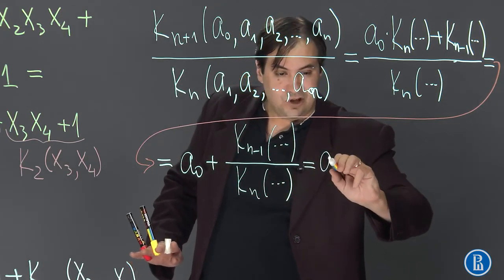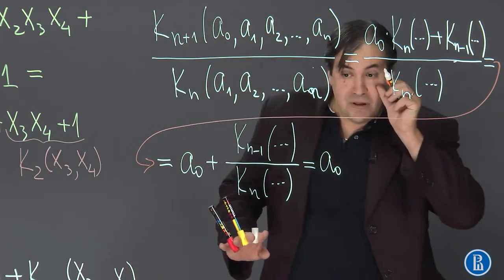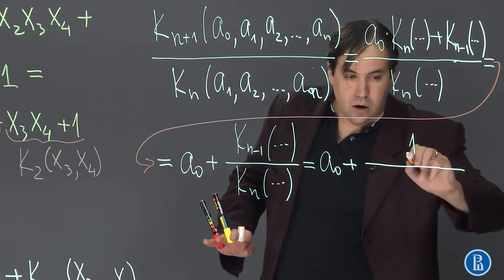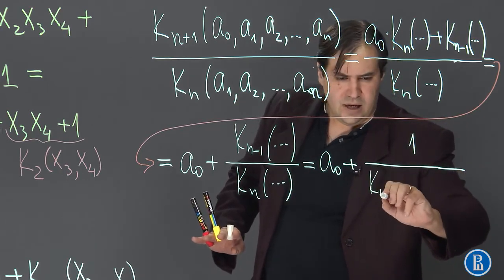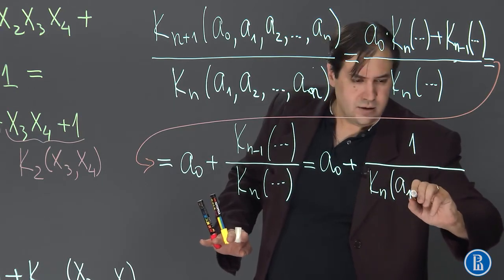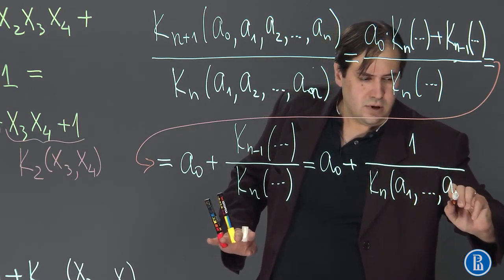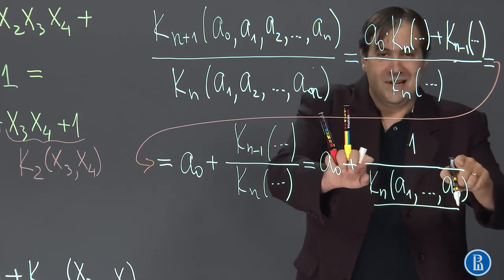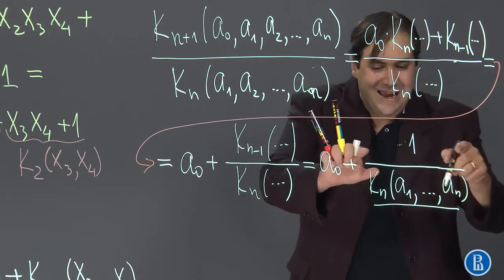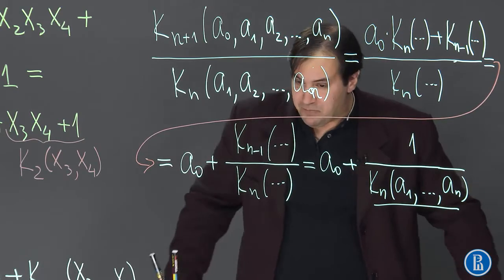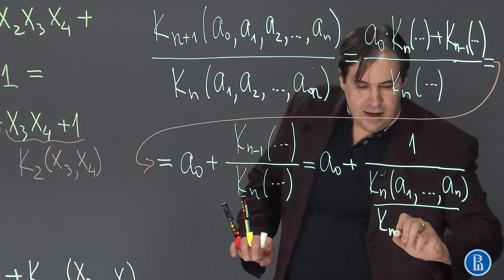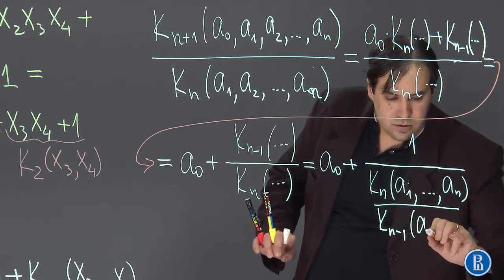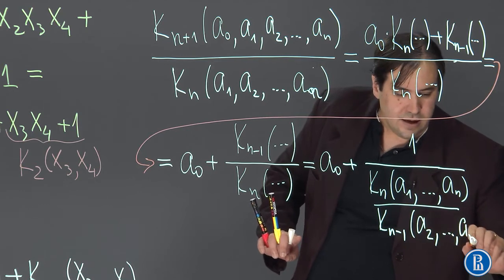And now transform this part, this fraction, into 1 over Kn of a1 and so on an over, well, this over is more important than this one, so this one is main and this one is just inside the denominator, Kn minus 1 of a2 and so on an.